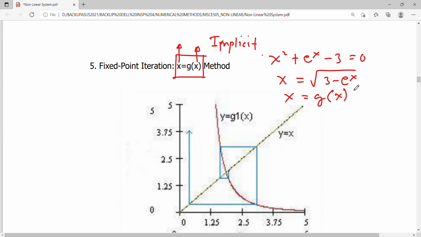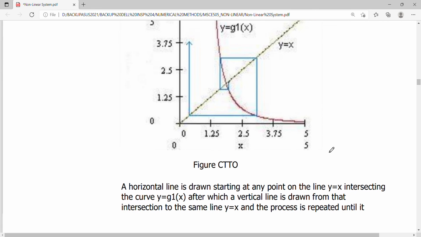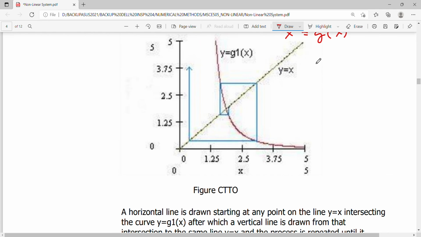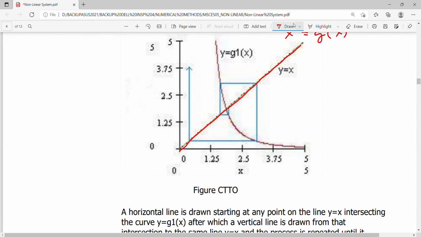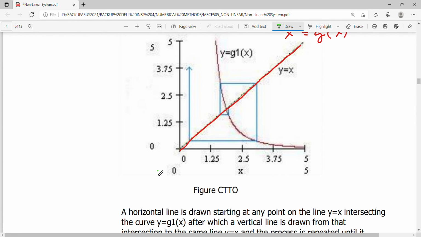Okay, so in graphical manner, it simply is doing this. The first thing you have to do is to draw a line, y equals x. If this is 5, that is 5, then this simply divides the quadrant. And then the next step is to make a guess value anywhere.